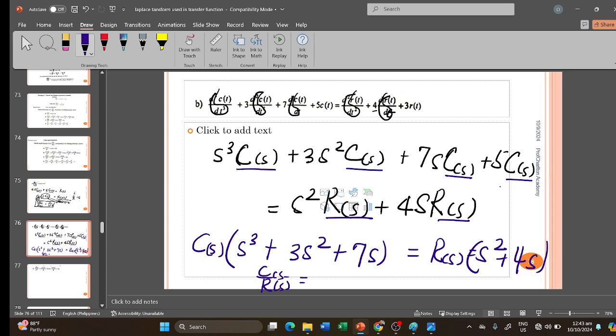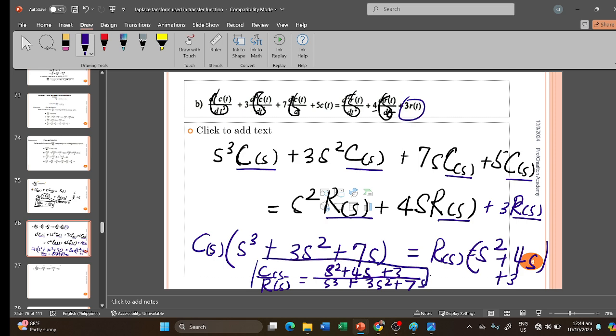Plus 3 R(s) for this, right? So it becomes S squared plus 4S plus 3, because the common factor is this. So we put that here, S squared plus 4S plus 3 over S cubed plus 3S squared plus 7S.